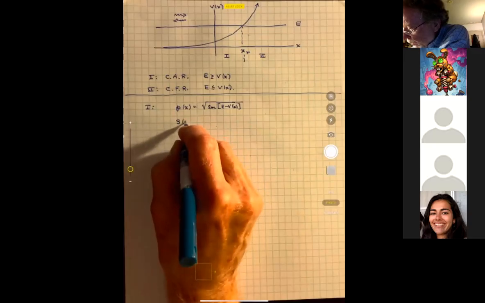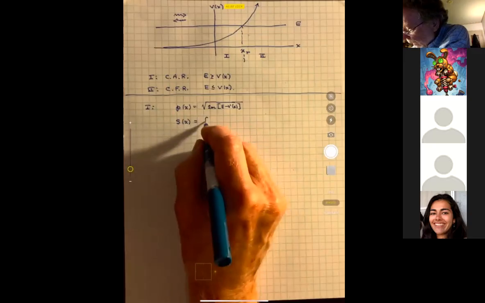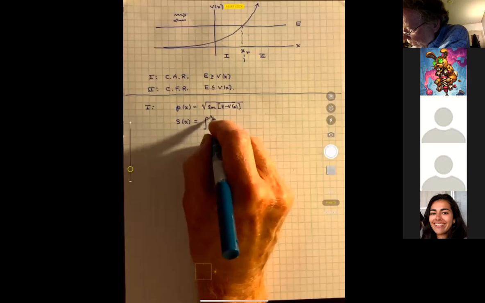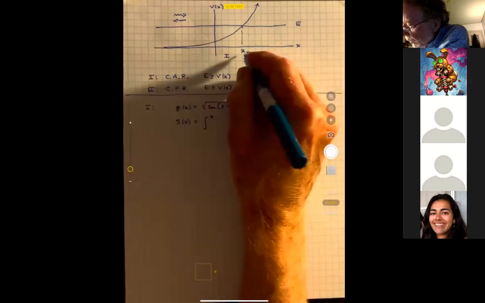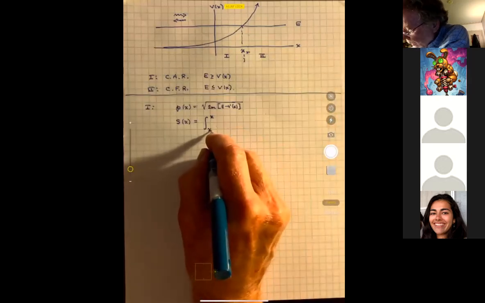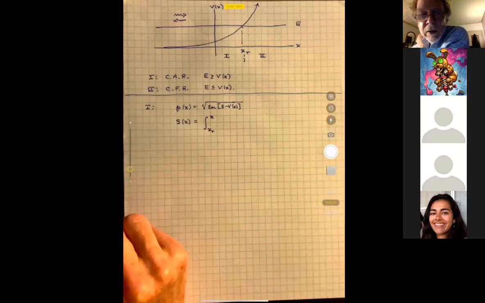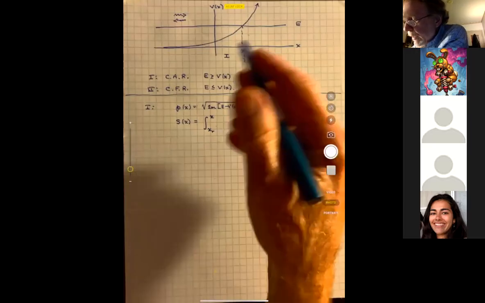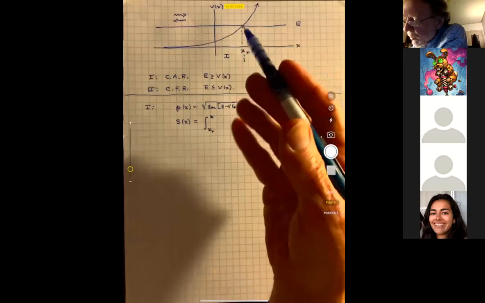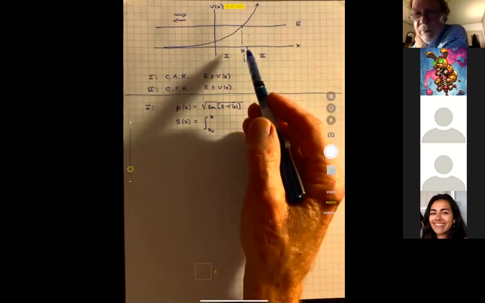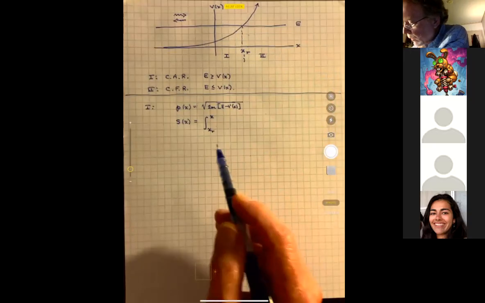And we have an action function S of x, which is an integral of that. The upper limit is x, and for the lower limit, I'm going to make the turning point XR instead of some arbitrary x0. I need to choose something, so let's choose a point that has some meaning, and let's just make it XR.